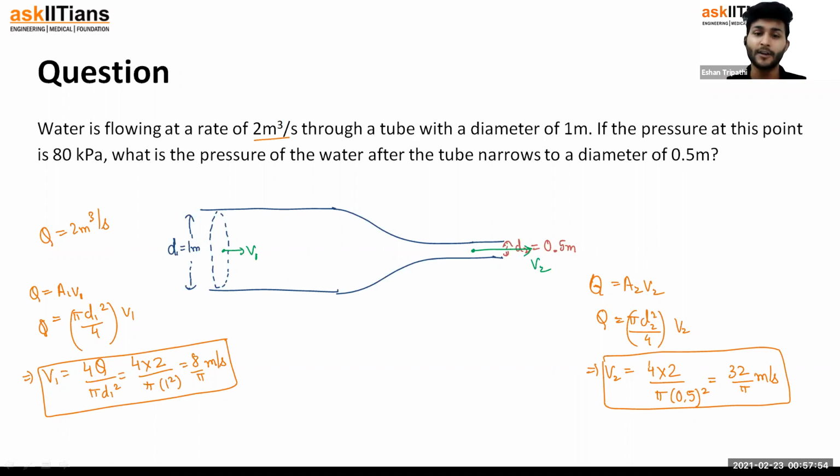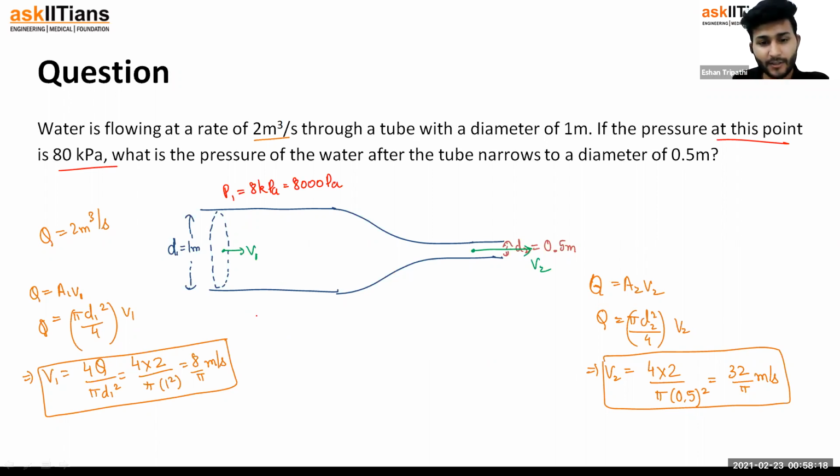Okay, so I know the velocity at the first point and the second point, and I have been given the pressure at point 1 also. In the question, it says that pressure at this point is 8 kilopascals. P1 is given to be 8 kilopascals, that's 8,000 pascals. We have been asked the pressure at point 2.